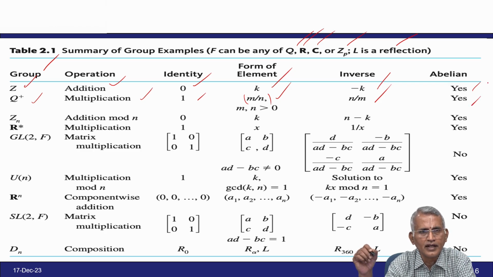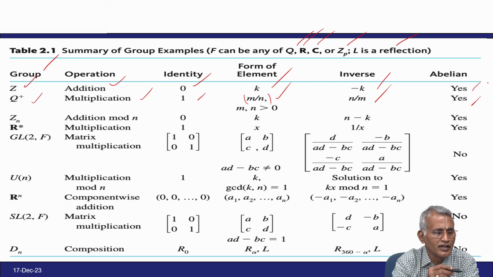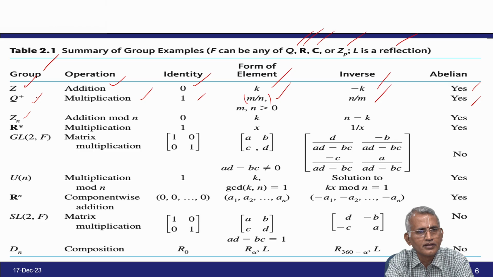Abelian as well as it satisfies the group property, therefore, it is an abelian group. Next, integers modulo n means starting from 0, 1, 2, 3 and so on up to n minus 1, that is called addition modulo n.